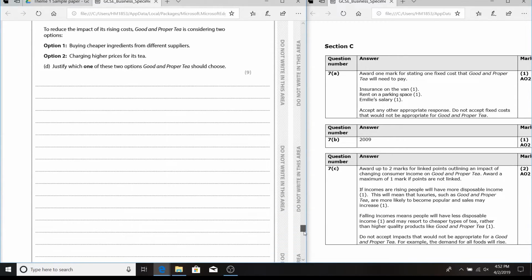So to reduce the impact of its rising cost, good and proper tea is considering two options: buy cheaper ingredients. Well, that doesn't make sense to me, okay, because that's hardly good and proper, is it? Okay, and it's got to fit with the brand name, surely. Charging higher prices for its tea. And think about the location where they're actually serving customers. It's not as if it's an area of very, very poor economic activity, is it?